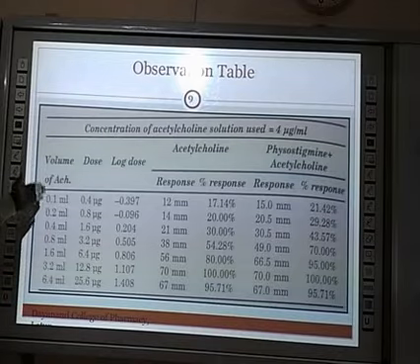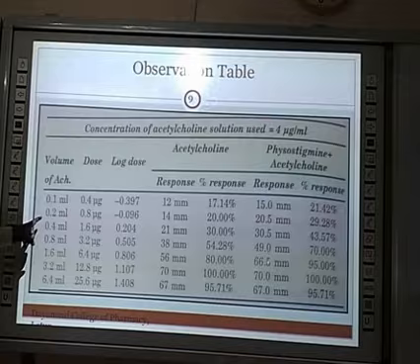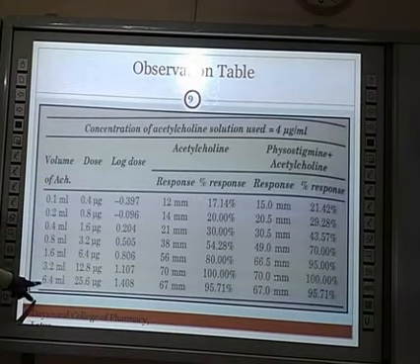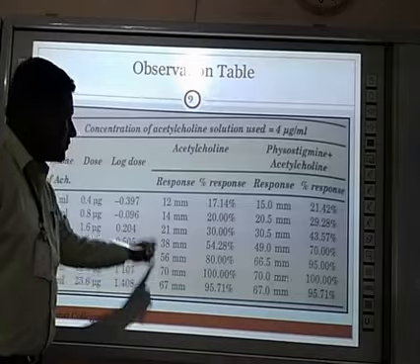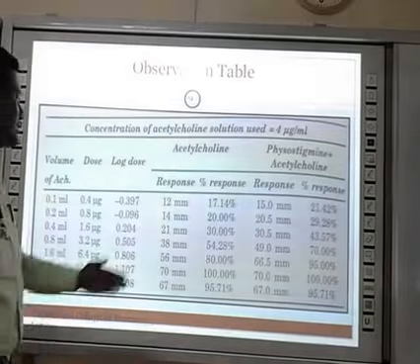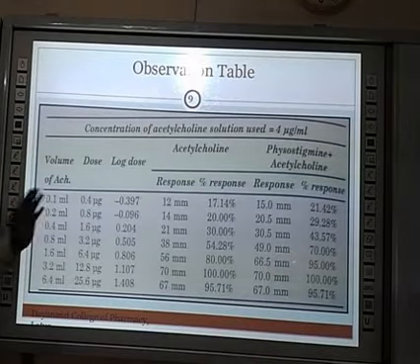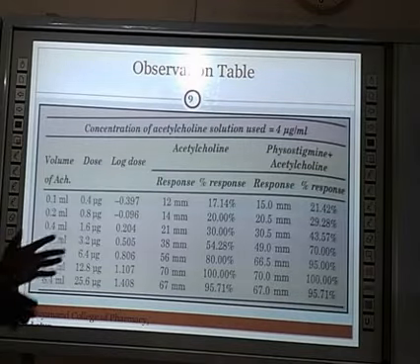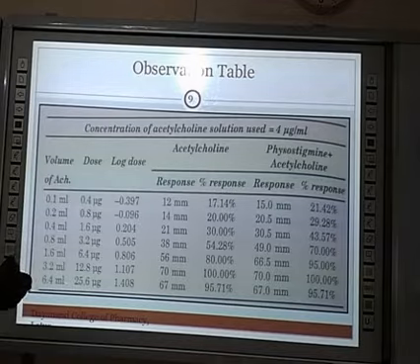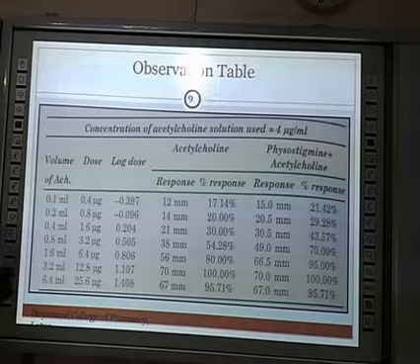For volumes of acetylcholine injected, 0.1, 0.2, 0.4, 0.8, 1.6, 3.2 and 6.4, this column indicates the response: for 0.1, 12 mm; for 0.2, 14 mm; 0.4, 21 mm; then 0.8, 38 mm; 1.6, 56 mm; and 3.2, 70 mm.